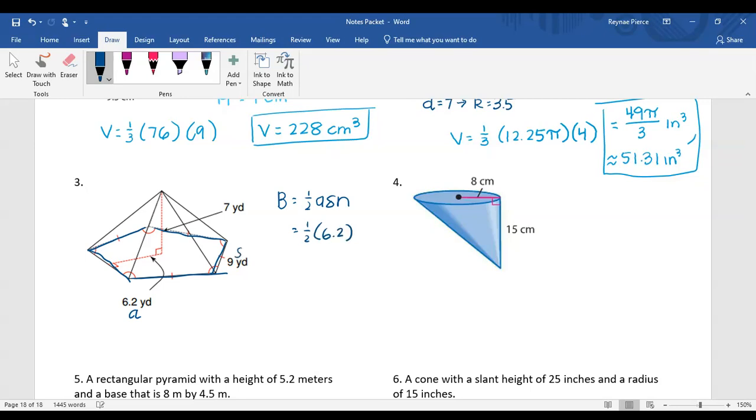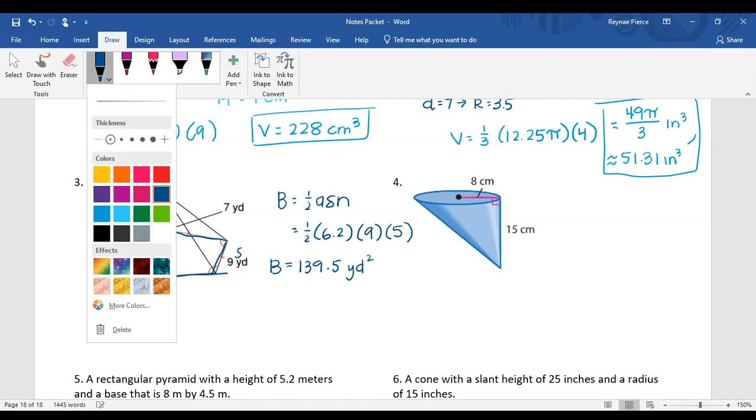The side length of the pentagon is 9, and a pentagon has 5 sides. So the area of that base is 139.5 square yards. That's just the area of the base.